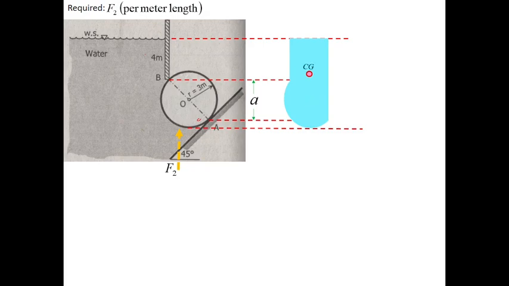So, in that case, ito yung projected area natin, ito yung area natin para sa F2. And the F2 acts at this point, which is the center of gravity of the volume. So, in third dimension, kasi per meter lang ito. Per meter lang.